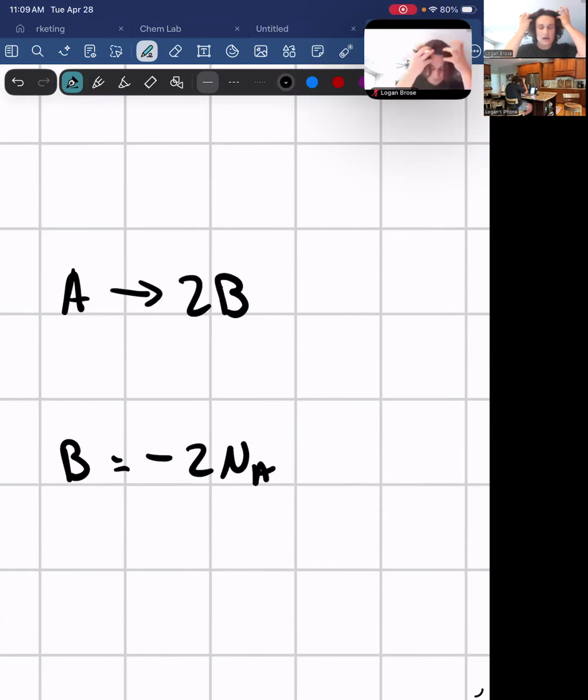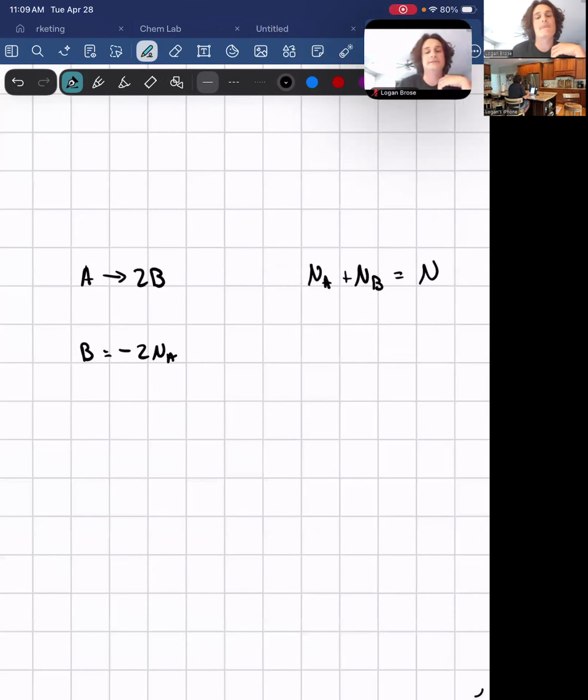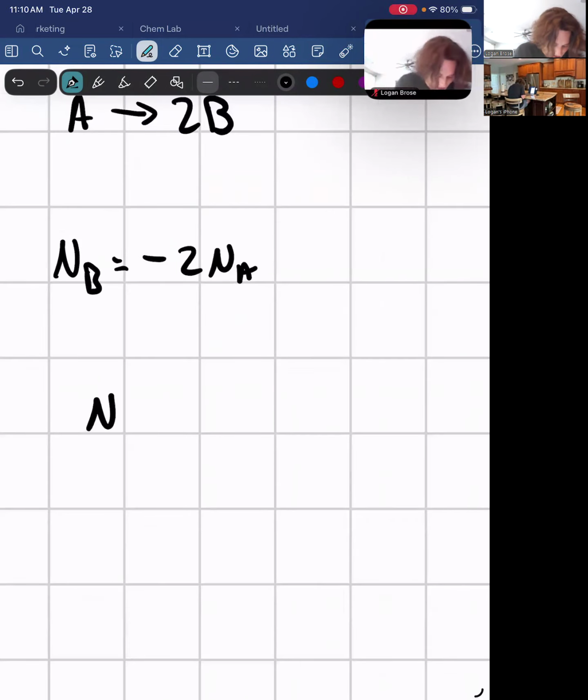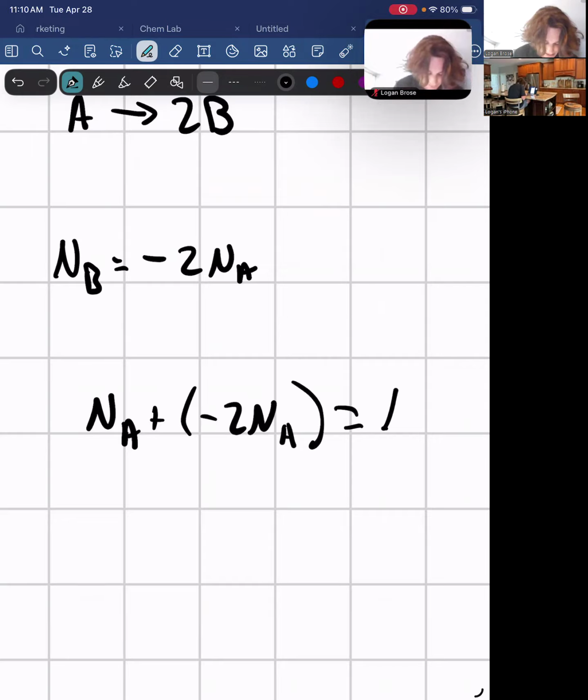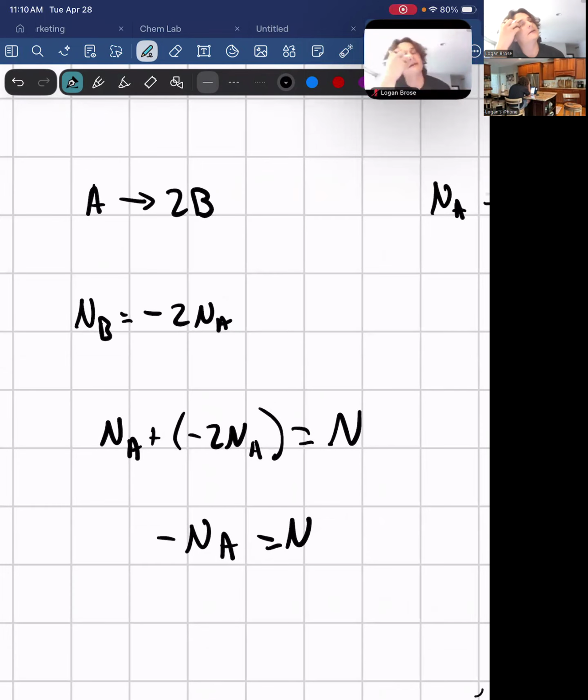This should be NB. We can plug this in to obtain our overall flux. So we have our NA plus our negative 2NA equals N. Well, now we see negative NA is our overall flux for this. And that makes sense because the opposite of our NA is going to be our flux.